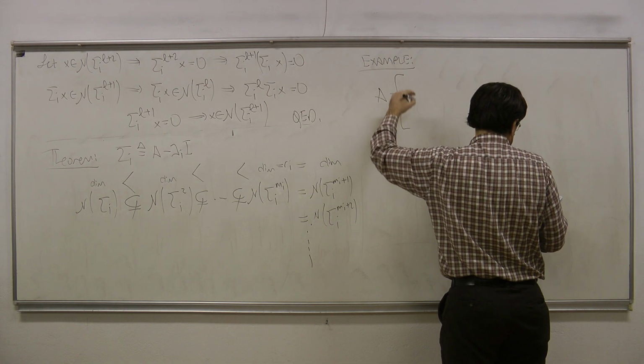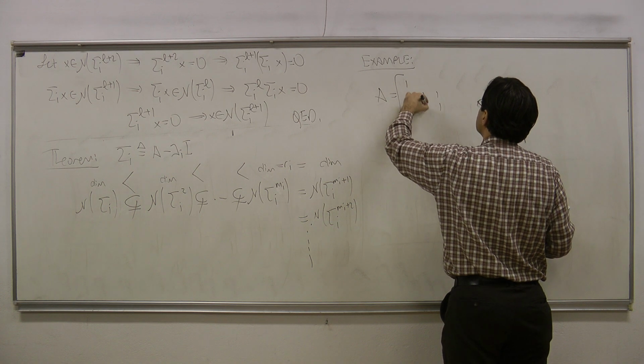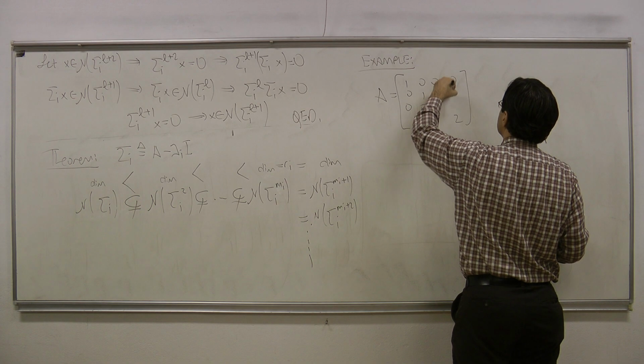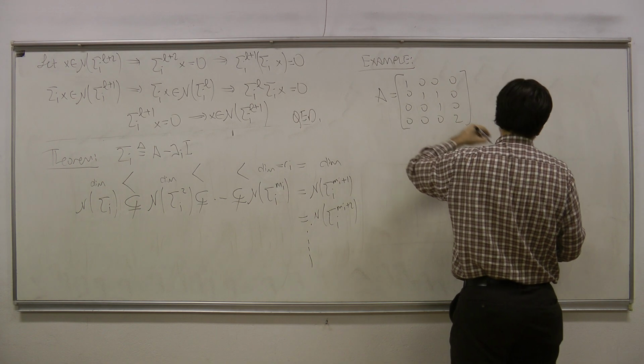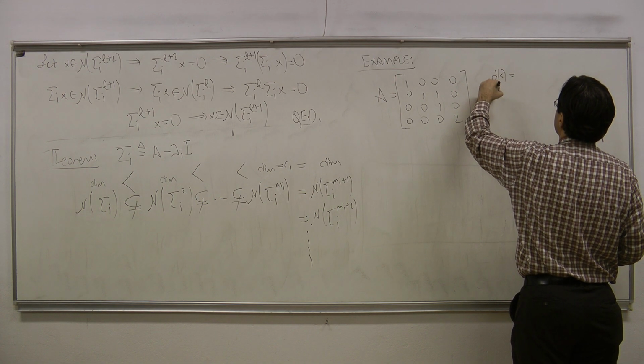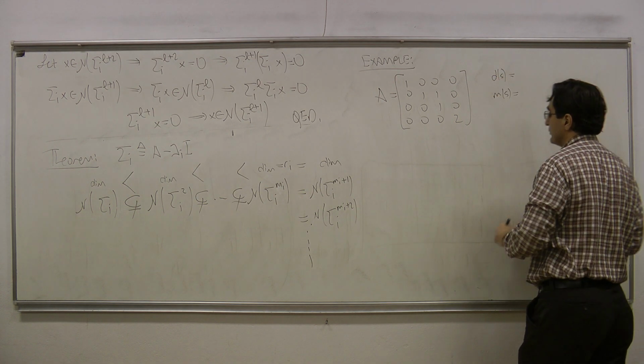The A matrix is given as 1, 1, 1, 1. I would have zeros here, and I would have a 2. I'm asking what is D of S and what is M of S.